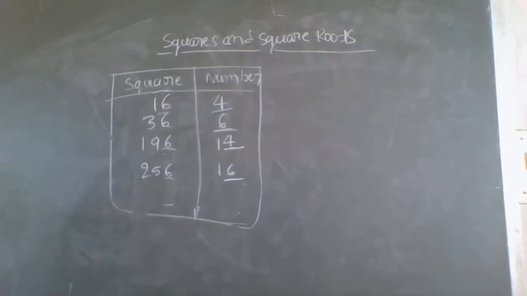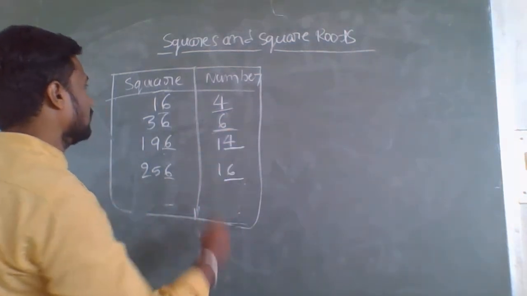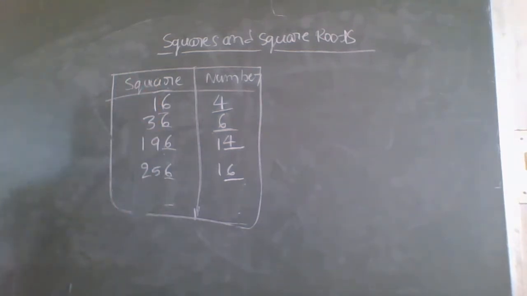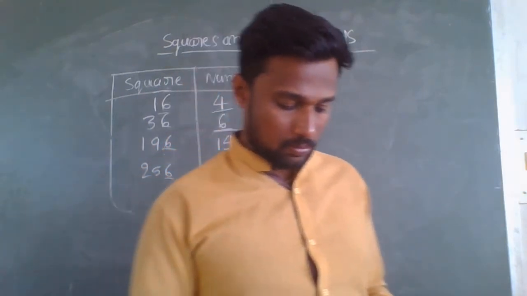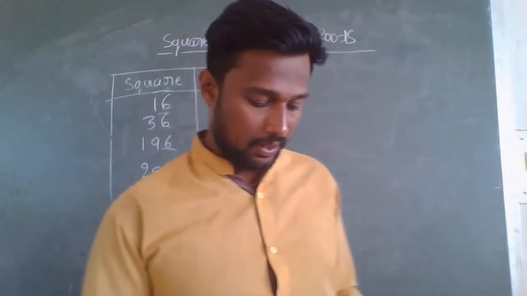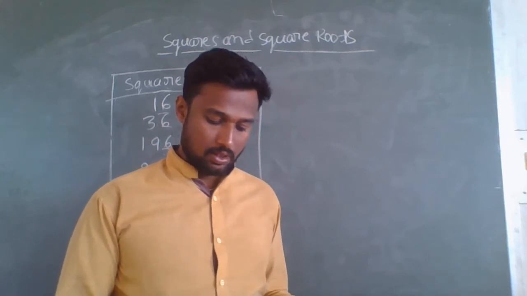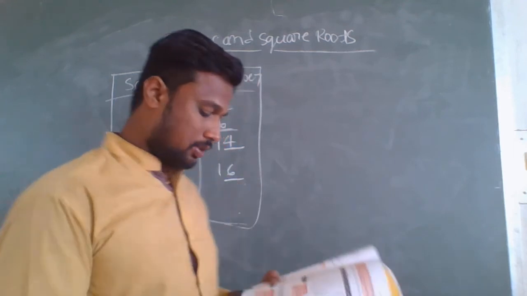When in any number at the units place 4 or 6 is there, the square number always ends with 6. So again they have given some problems to try. Which of the following numbers would have digit 6 at the unit place? They are given here.